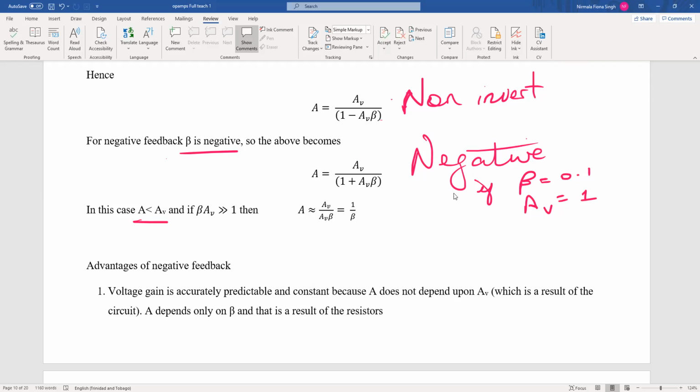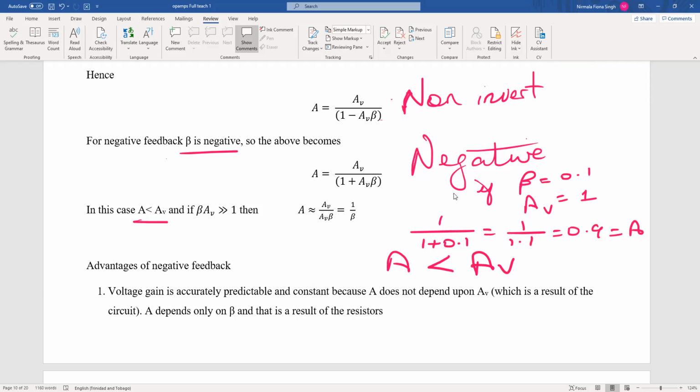So you just add up your values. You'll get AV is equal to 1, 1 over 1 plus 0.1 by 1 is 0.1. So you're going to get 1 over 1.1, and that should be about 0.9. Yeah, 0.9. All right, so here we can see your gain is less than your closed loop gain. Always going to be.